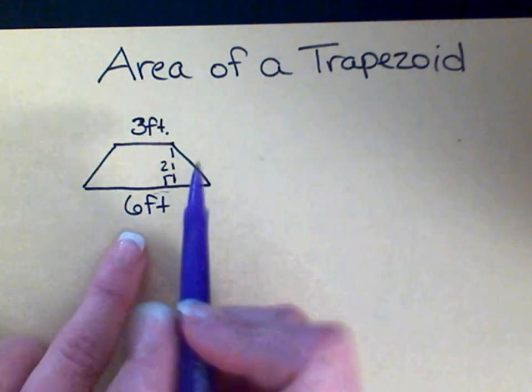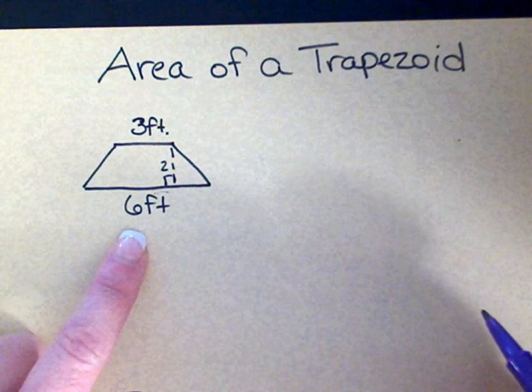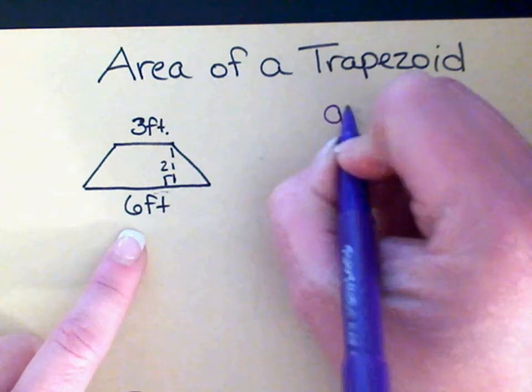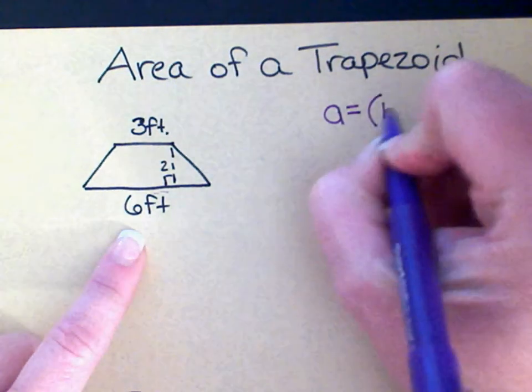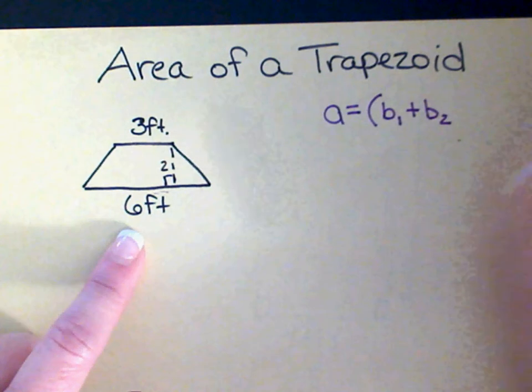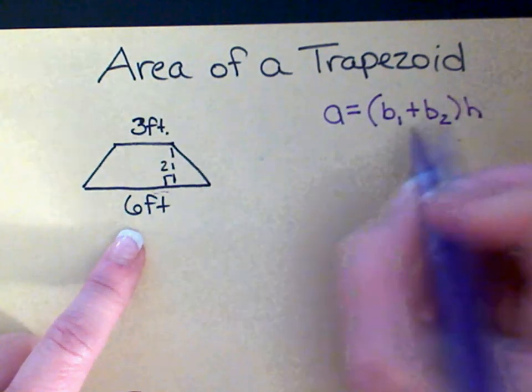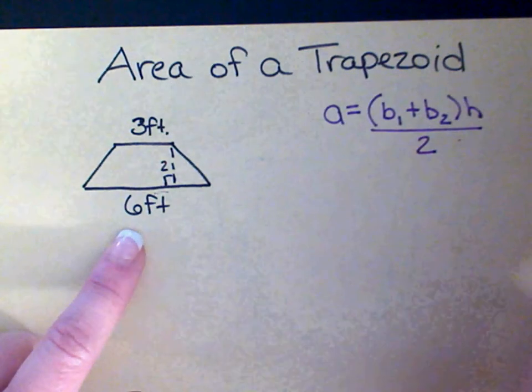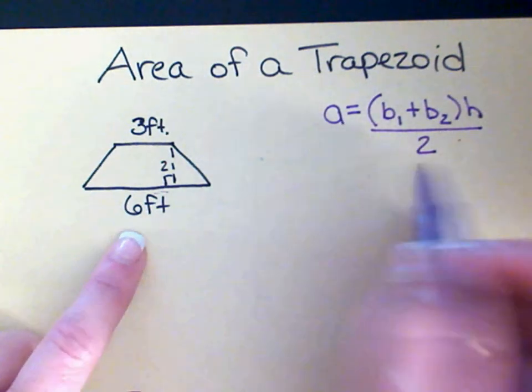Here's our trapezoid. We already have the measurements written down for us. The formula is area equals base 1 plus base 2 times height over 2, or divided by 2.